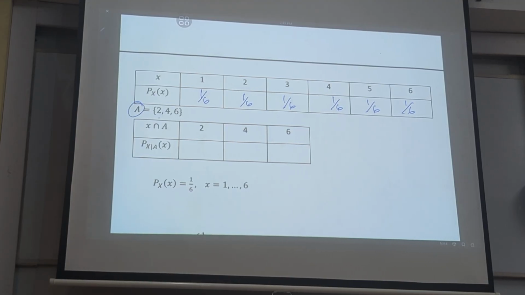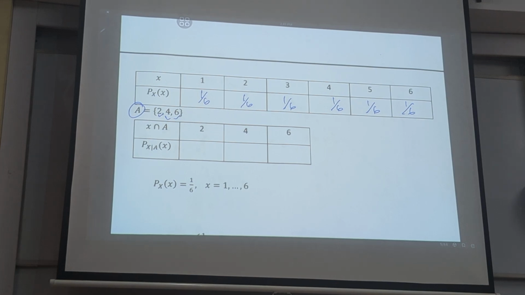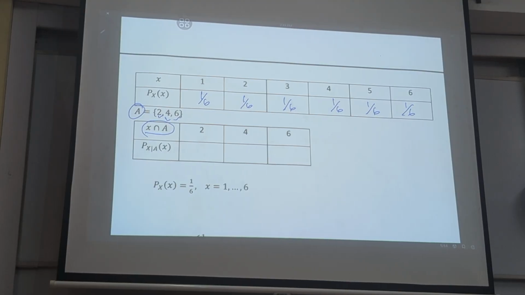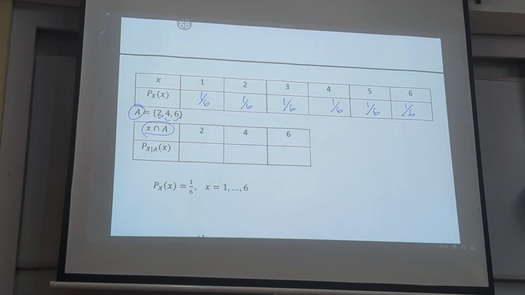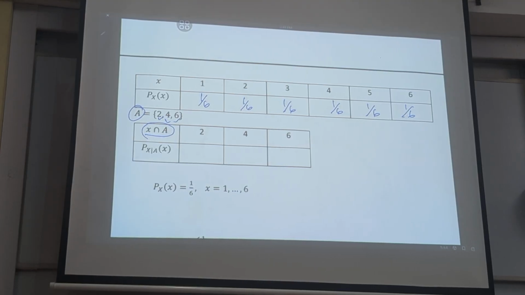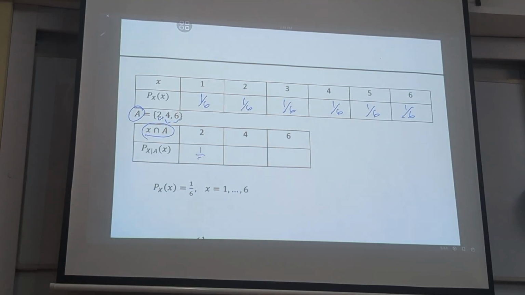And A is the set of even numbers between 1 and 6. Then X intersection A is only 2, 4 and 6. 1 cannot be there, 3 cannot be there, and 5 cannot be there. What will the probability be? The probability will be 1/3, right?